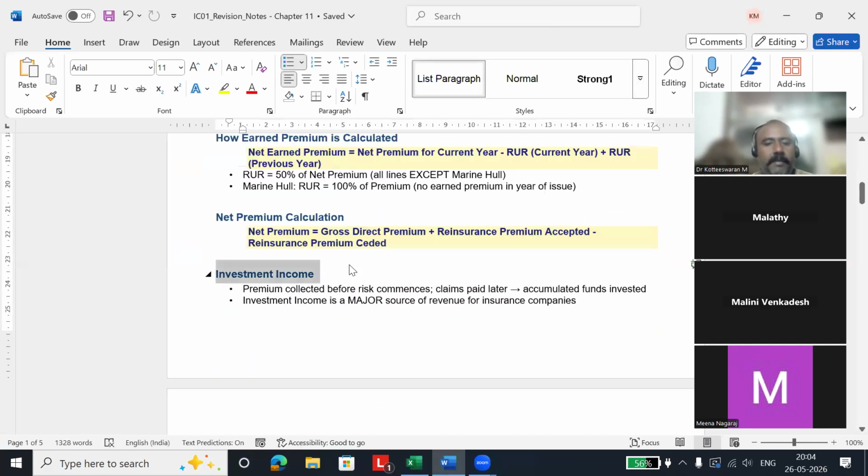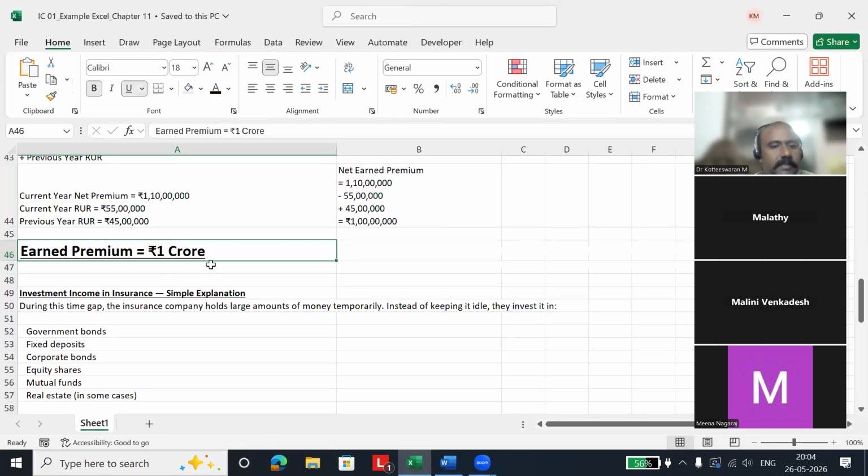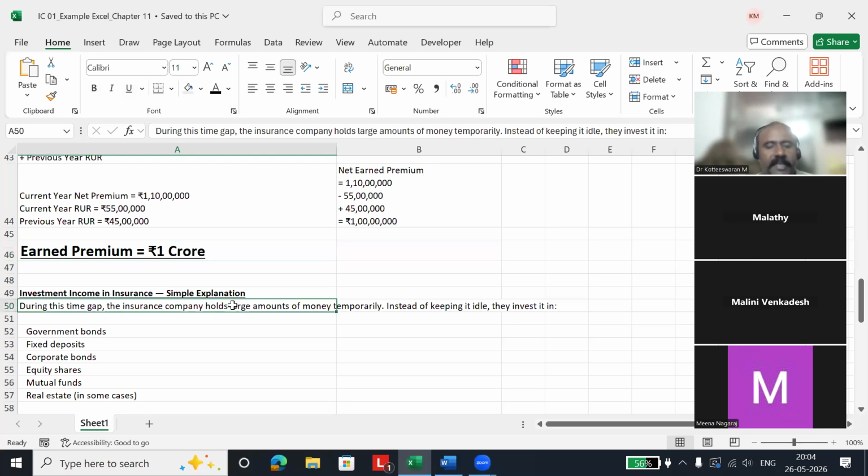So investment income. So what is investment income? Whatever premium we are getting, the company will not keep that cash without investing anywhere. They will invest somewhere because by investing they can get extra profit.